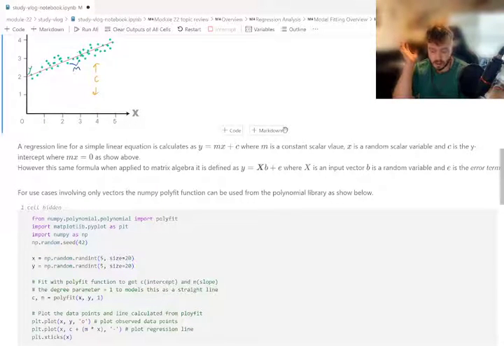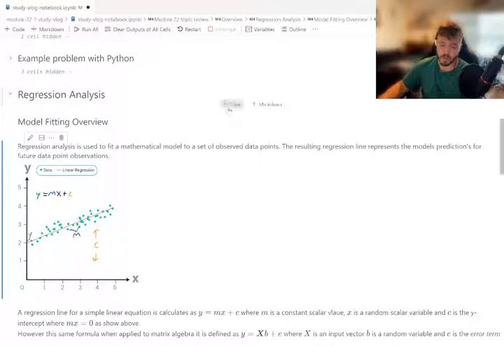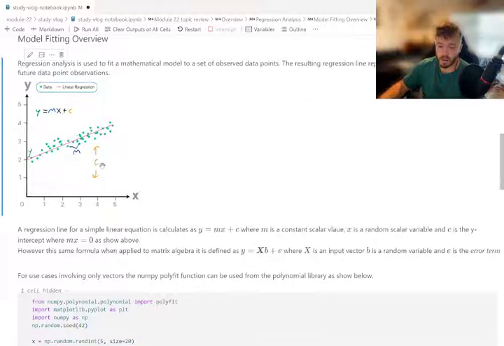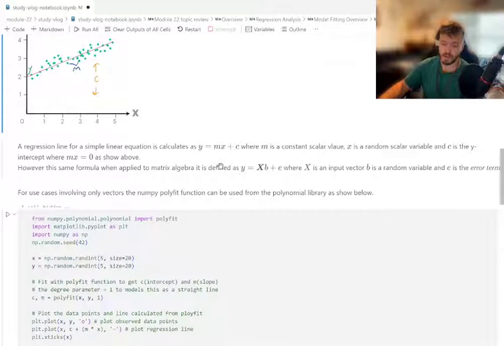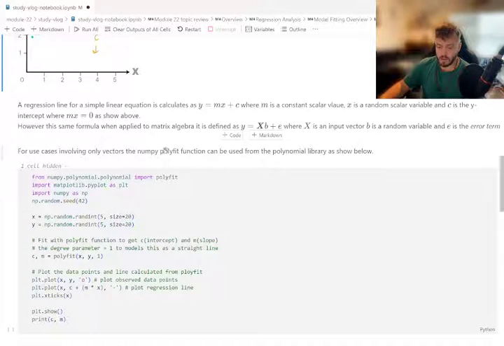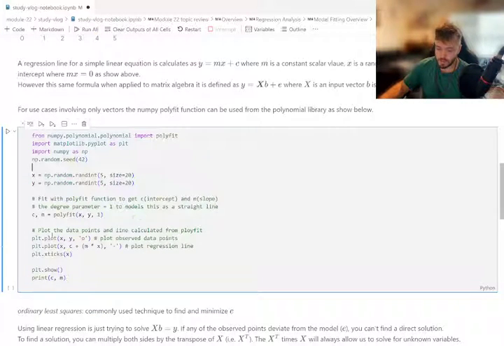So, that's a broad overview of what model fitting is: you're just doing a bunch of math to try to get this line to fit this cluster of data points as closely as possible. For instances where you're using only vectors, you can use this polyfit function in NumPy.